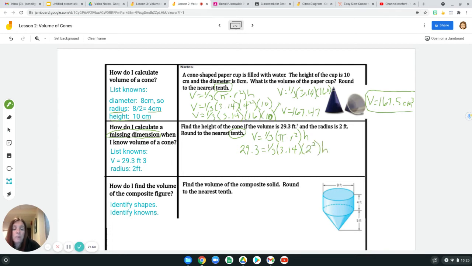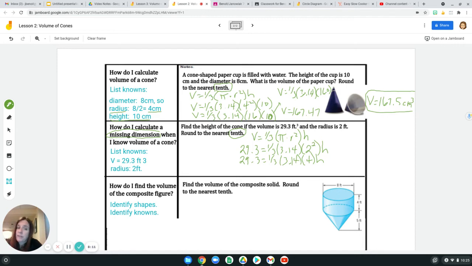And height's what we're looking for, so height stays in H. All right, let's see here. I can do 2 squared is 4. Now I have that math to do on the right side.